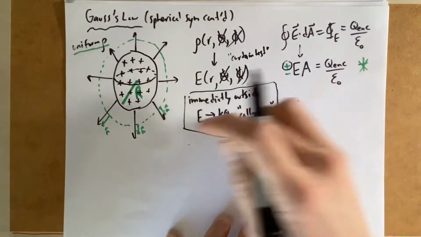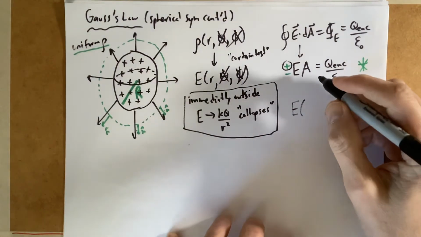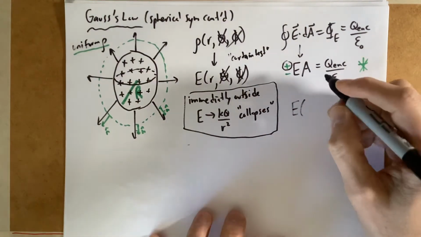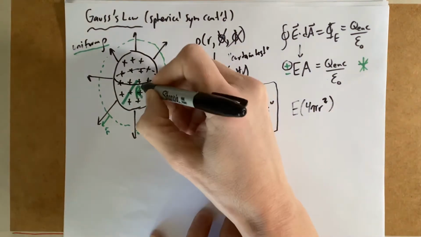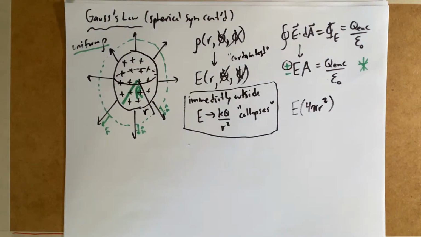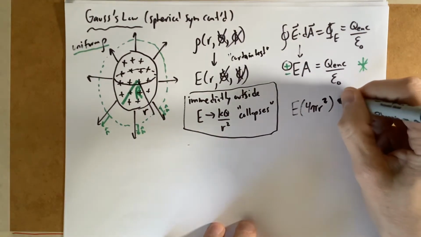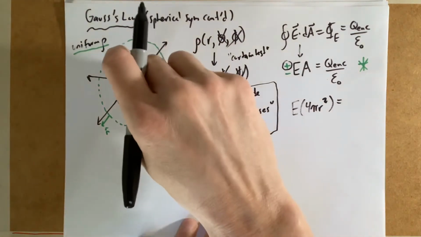This is a spherical Gaussian surface, so the area of this is 4 pi r squared. That is the radius of my Gaussian surface, so I try to reserve little r for the Gaussian surface.